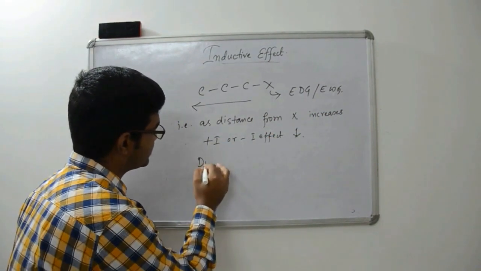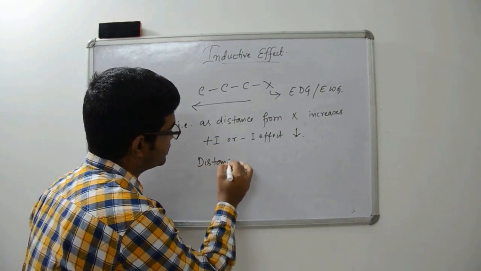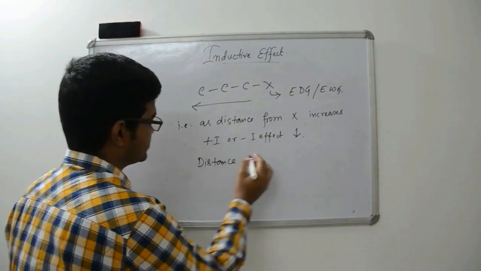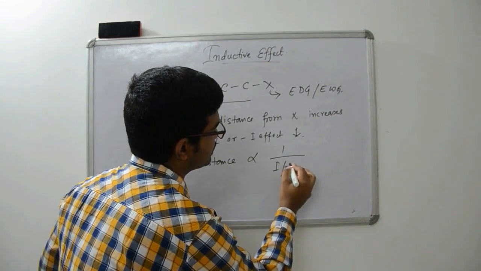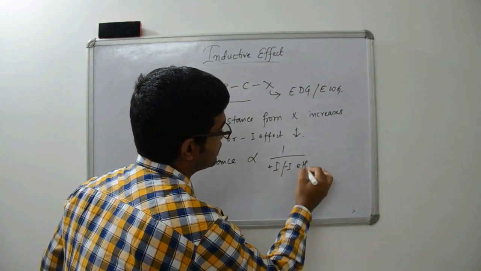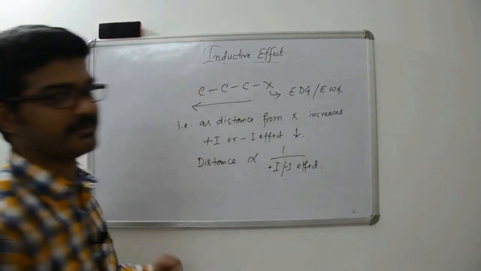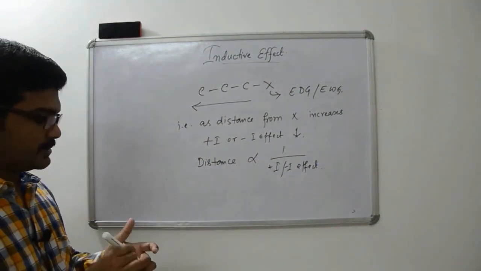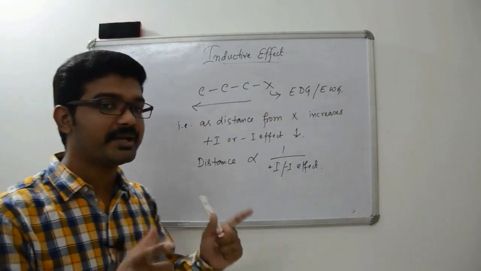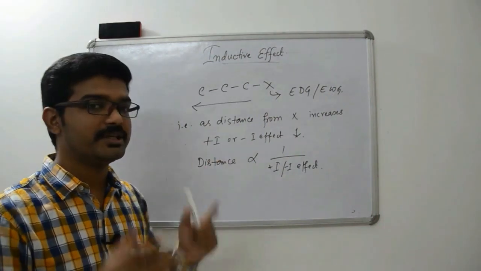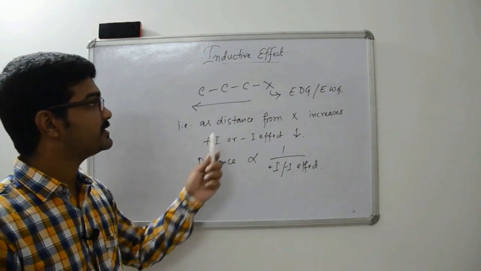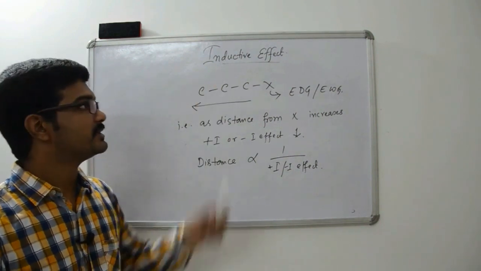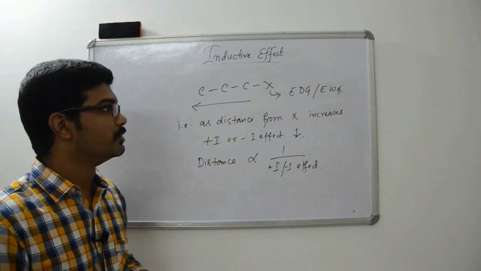That is, distance is inversely proportional to plus I or minus I effect. Right? So this is a permanent effect which is found in organic molecules and reaction intermediates. This inductive effect was discovered by scientist Ingold.